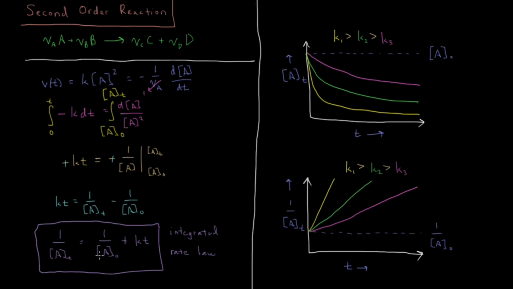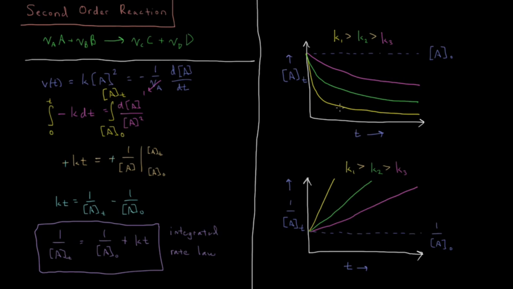So what I've got here is a graph on the right of the concentration of A as a function of time. And you have three different reactions here which have different rate constants, all being second order in A. If you have the higher rate constant, your initial rate is higher, and then we see it decreases. This behavior is like 1 over A, but it's a translated 1 over A, so the asymptote would be on this side of the axis.